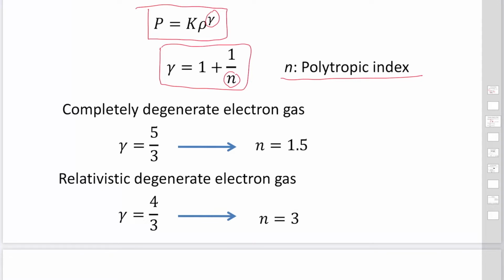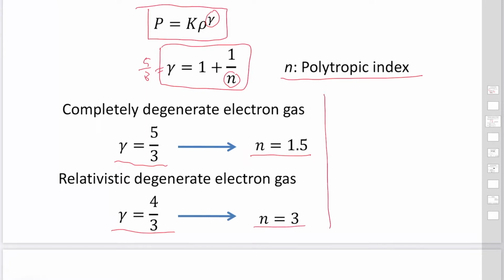In that case, gamma becomes 5 over 3, so you can substitute gamma equals 5 over 3 to find n. It becomes 1.5. For the relativistic degenerate electron gas, gamma is 4 over 3, so in this case n equals 3.